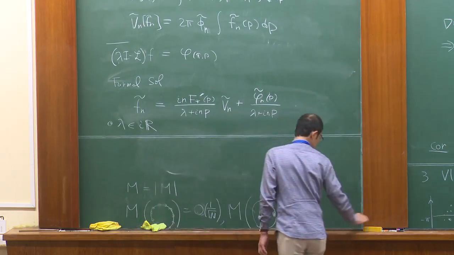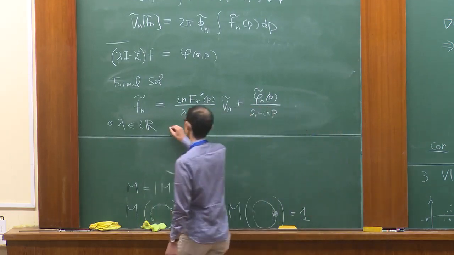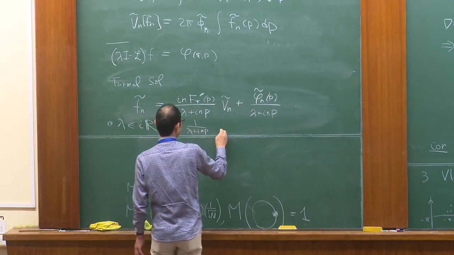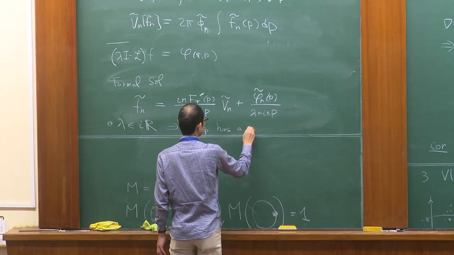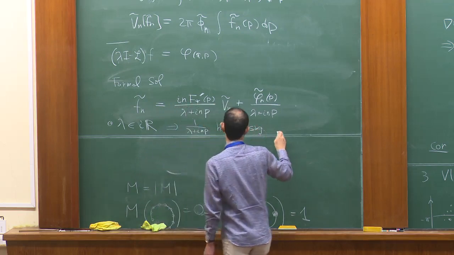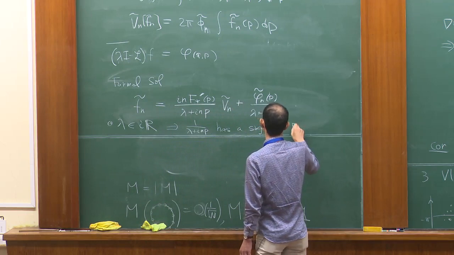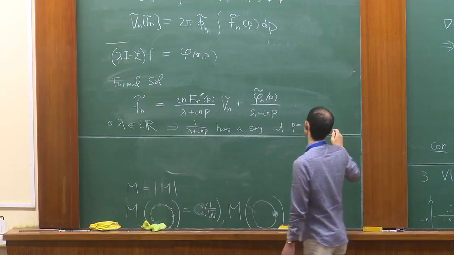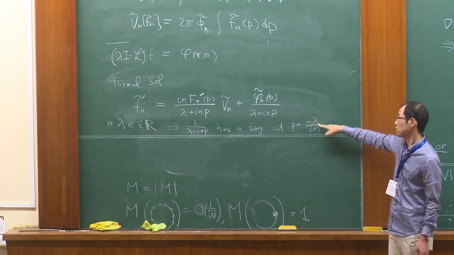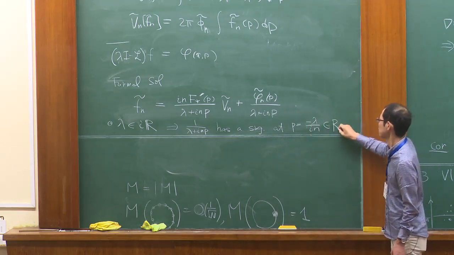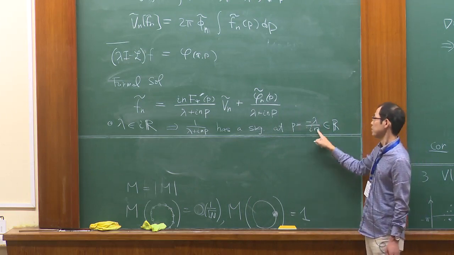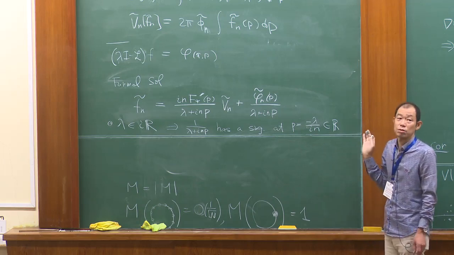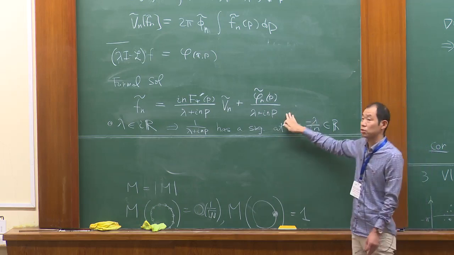This part, 1 over lambda plus INP, has a singularity at P equal minus lambda over IN. So now lambda is pure imaginary, so this one is a real variable. So at this real variable, we have a singularity. So it means we cannot solve because this solution is singular.